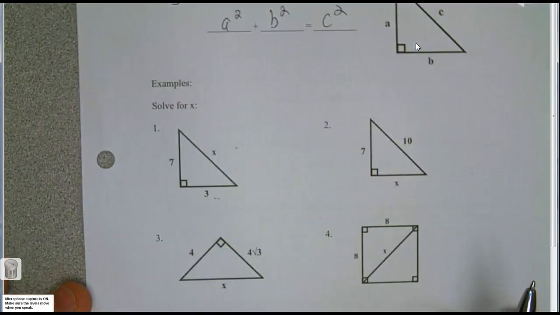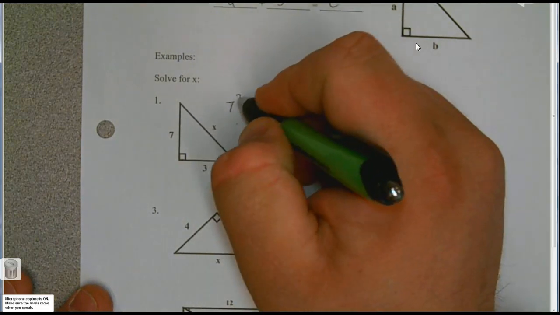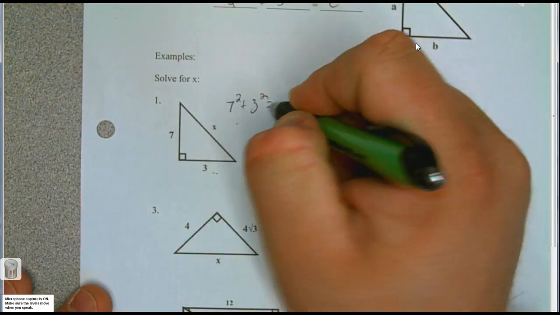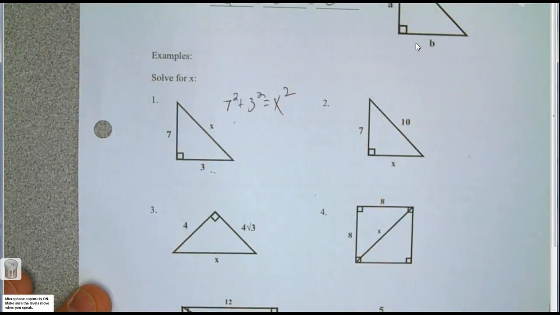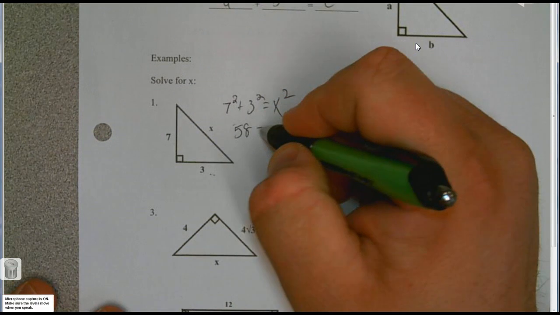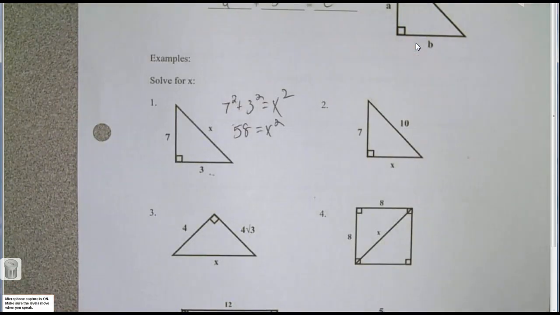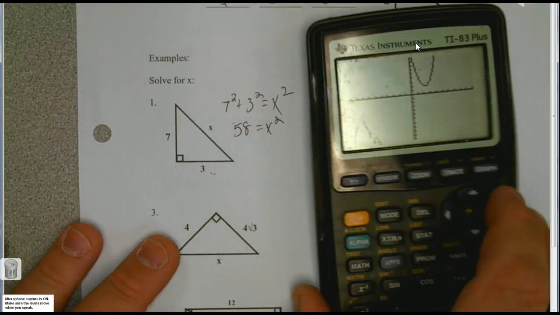When you do these, obviously you got 7 squared plus 3 squared is equal to x squared. Well, 7 squared is 49, 3 squared is 9, so you get 58 is equal to x squared. And we've talked about how you take the square root of that in the last chapter, and in other chapters in geometry.